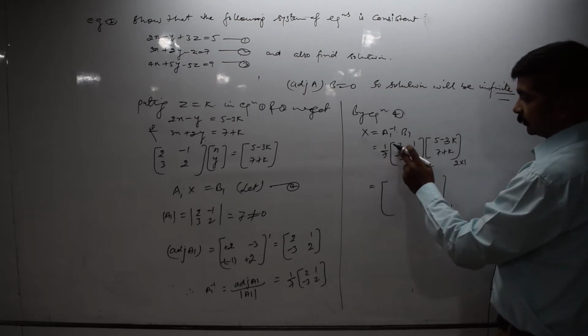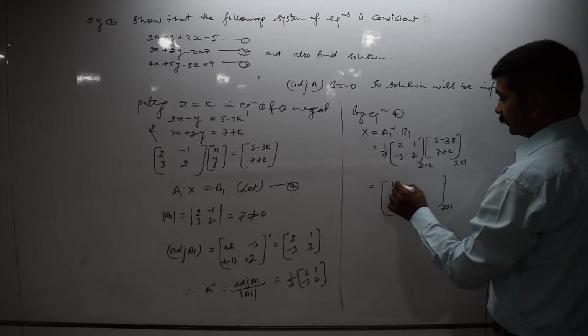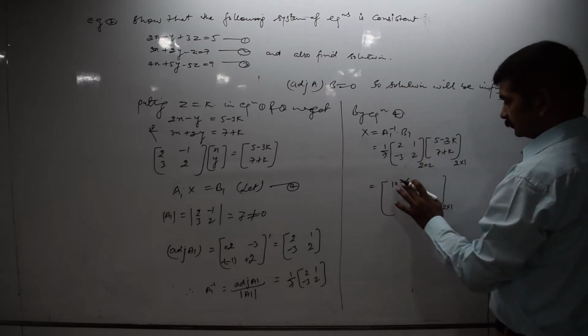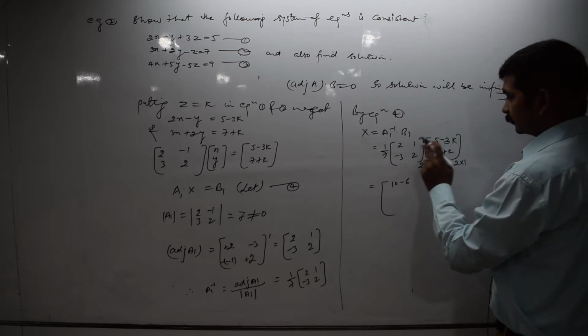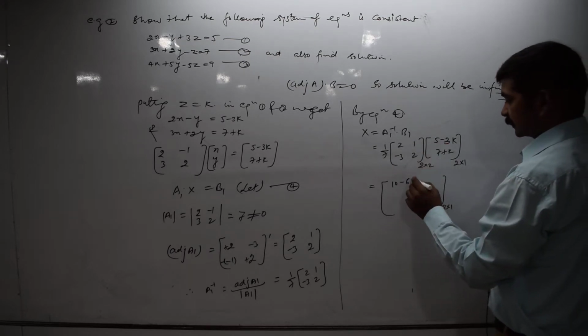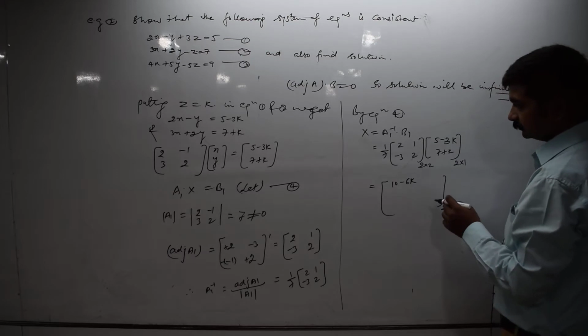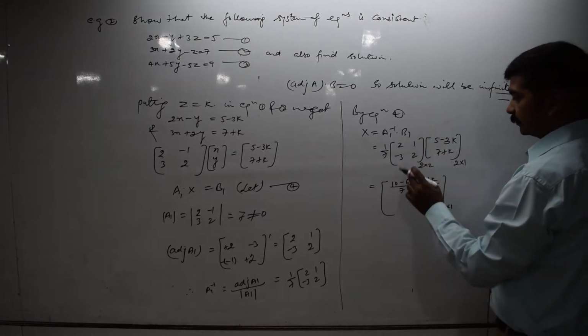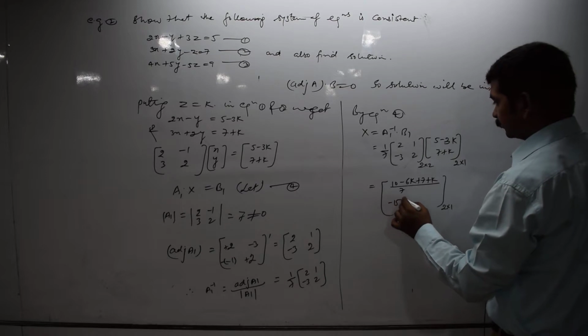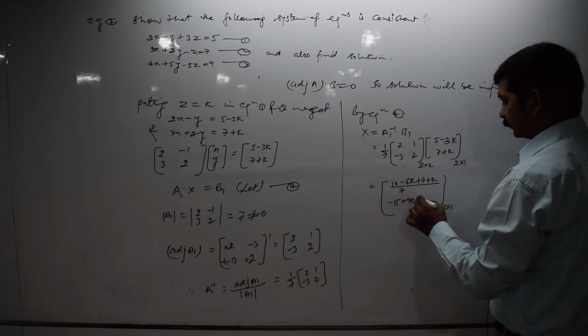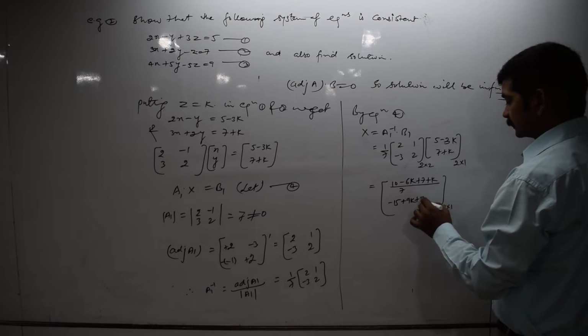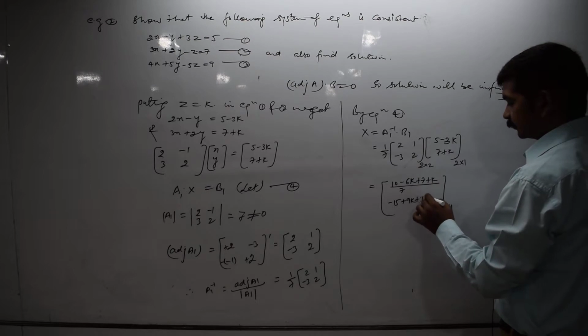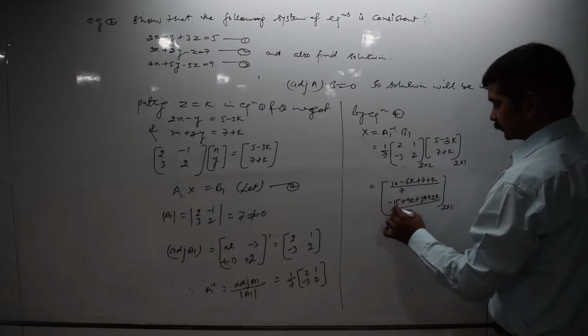So we multiply these, and we find 10 minus 6k plus 7 plus k upon 7, and next minus 15 plus 9k plus 14 plus 2k upon 7.